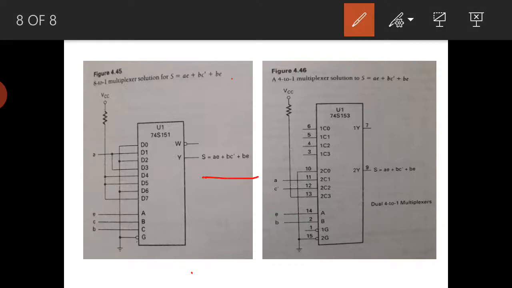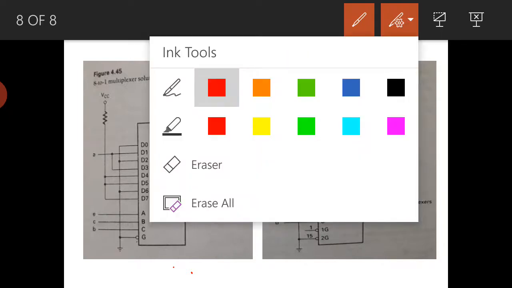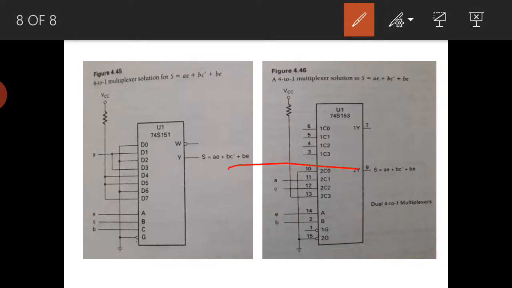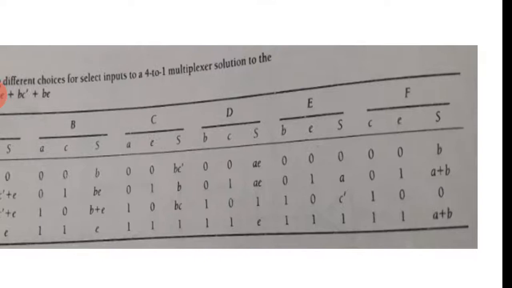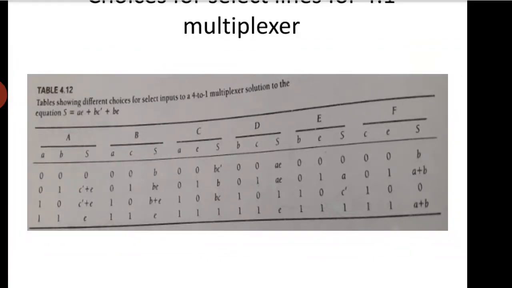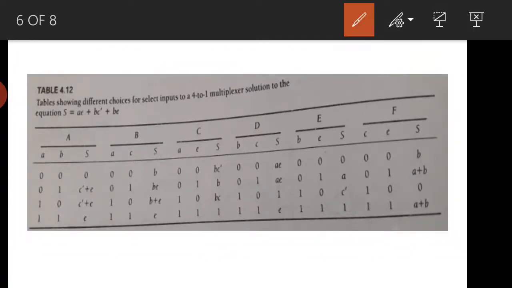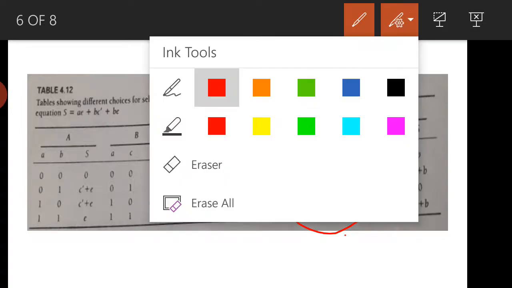As we see, that is AE plus BC bar plus BE. So these are the combinations, and this is the simplest that I can use for realization. The same thing they have used there.